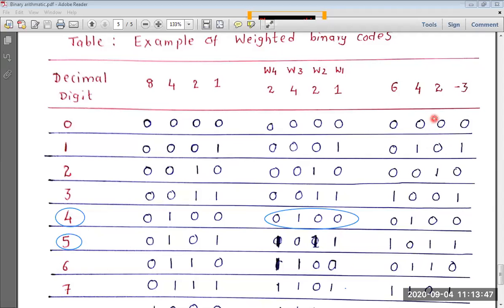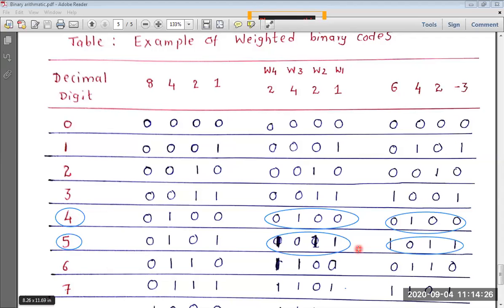The 642 minus 3 code is also self-complementary. Let's see the same thing. What is the equivalent of 4 in 642 minus 3? 0100. What is the complement of 4? 5, since 9 minus 4 is 5.